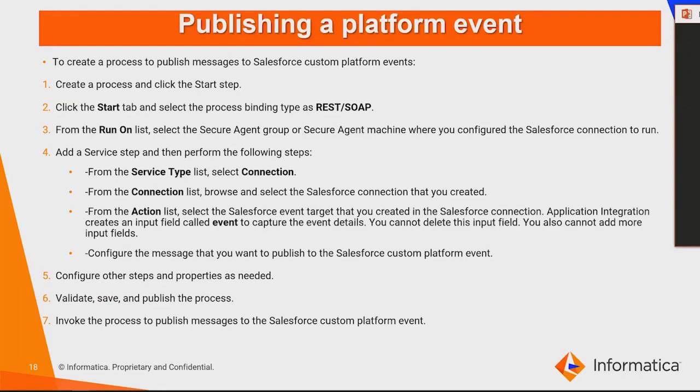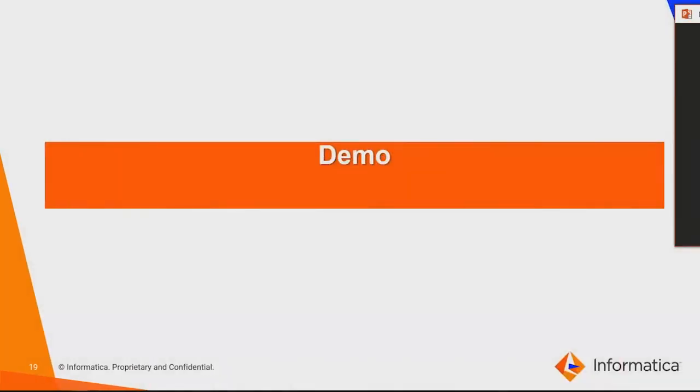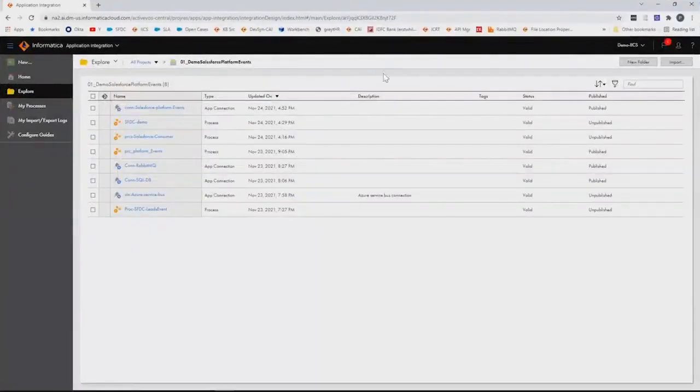However, if you use a create step, you can use it in either a cloud process or an event process. Once that is done, you can validate, save and publish the process, and then invoke the process to publish a message to the Salesforce custom platform event. Let us quickly look at the demo on how one would publish an event to the Salesforce platform.